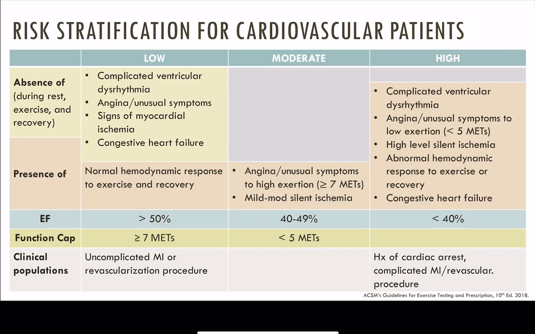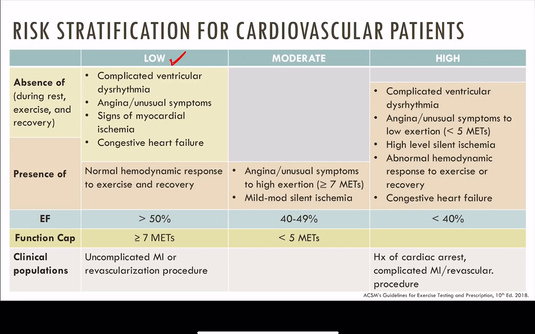And at the top, they say things that they don't have. So if they don't have complicated ventricular dysrhythmias, they don't have angina, they don't have signs of myocardial ischemia, they don't have congestive heart failure. These are all things that have to be absent for the patient to be considered low risk.